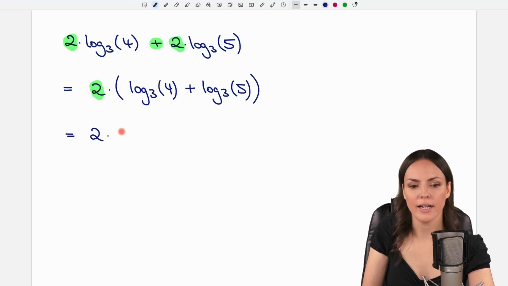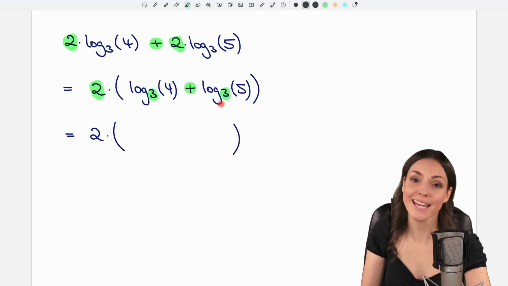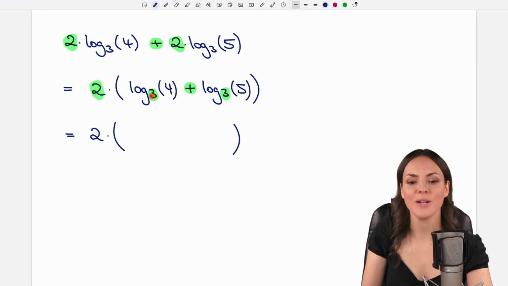So now I have a sum of 2 logarithms, and the bases of these 2 logarithms are the same, which is great because then we have a rule how to add logarithms. We can write this as 1 logarithm.